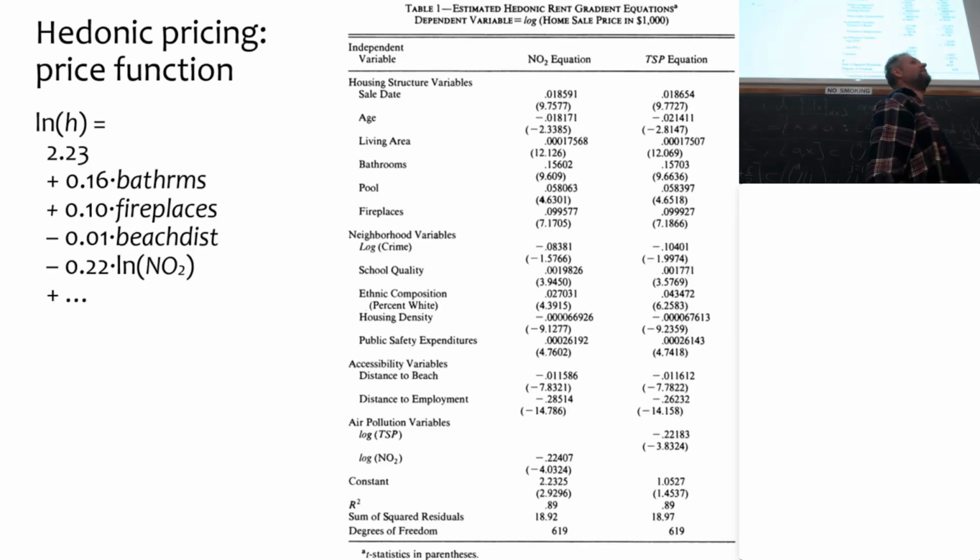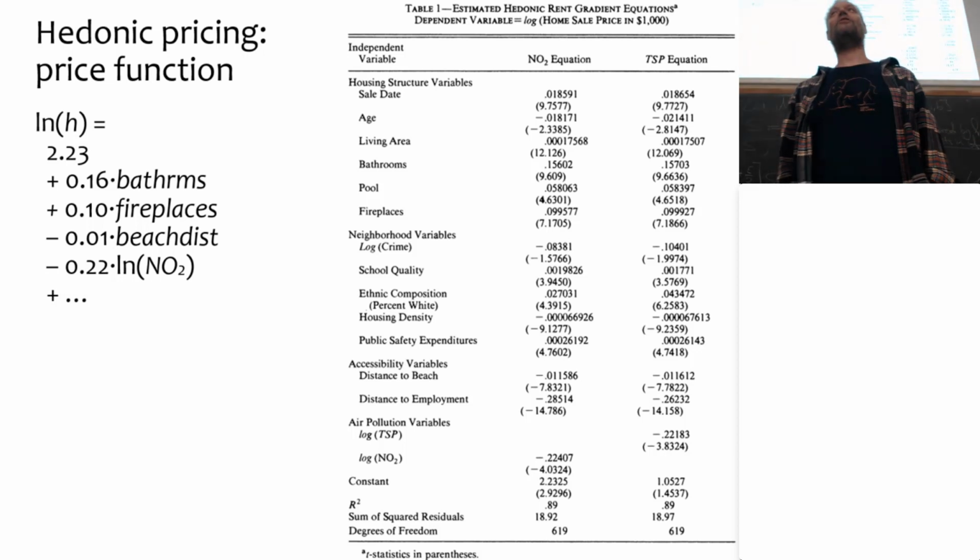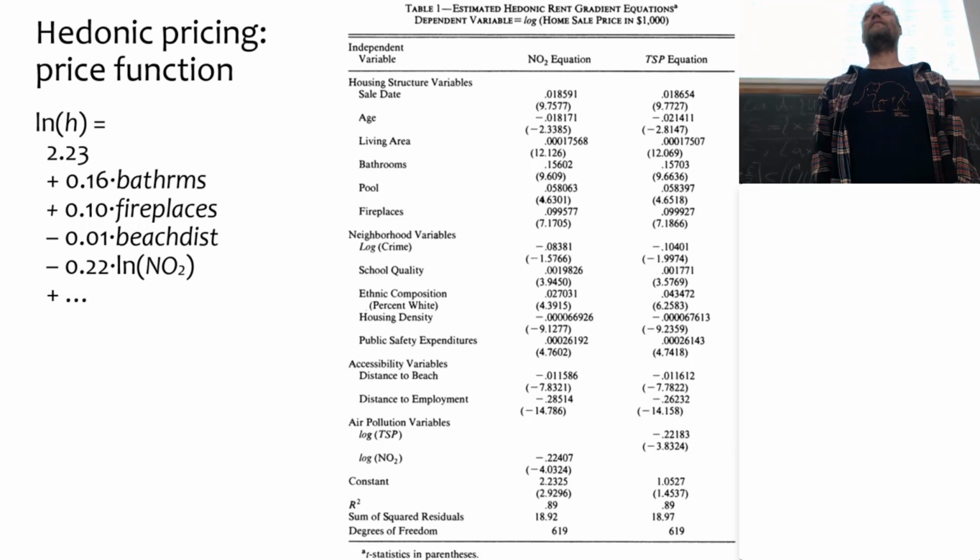And one of the things that you may have wondered about, when you see this hedonic price function, there's no characteristics of the buyer, there's no characteristics of the seller, right? That's a bit peculiar at first sight, but that follows from the fact that we assume that it's in equilibrium.